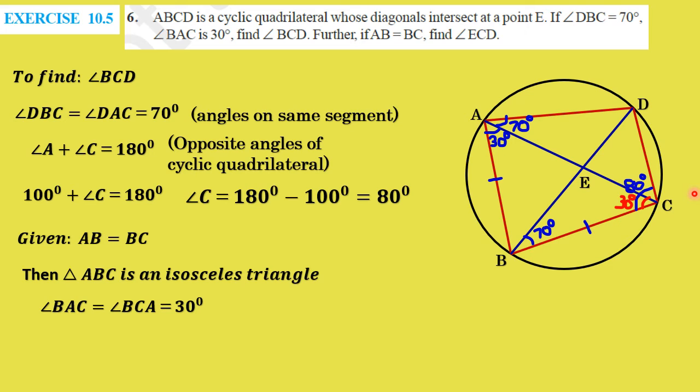So what we have to find? We need to find ECD, this remaining part. So the total is 80, this much is 30. So what will be ECD? It's so easy. It will be 50. Understood? Okay.